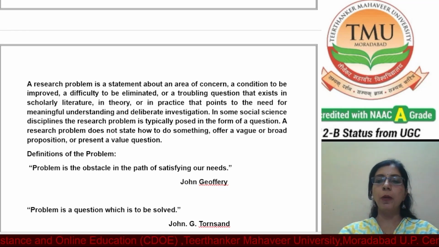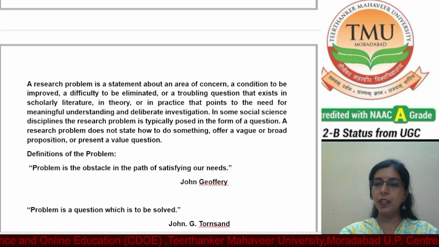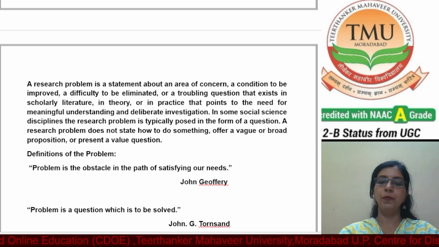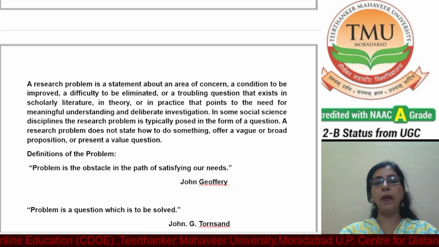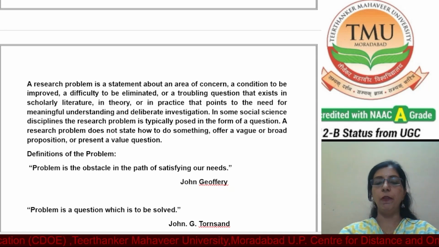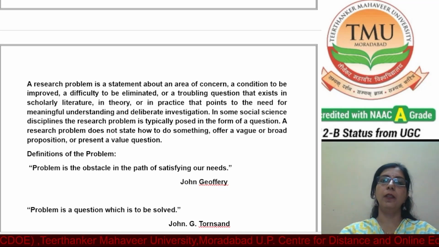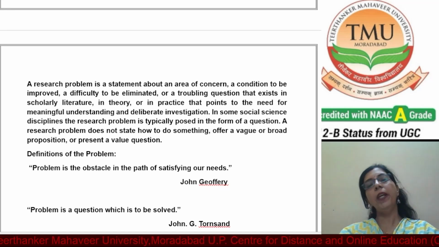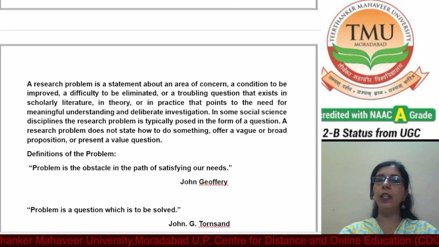So, to define a problem correctly, a researcher must be clear with what a problem is, how to define it, and if a problem is not well defined, it will lead to some faulty or undesirable result, and finally in a wrong direction, which will not be of any use, not for a researcher and not for any purpose.